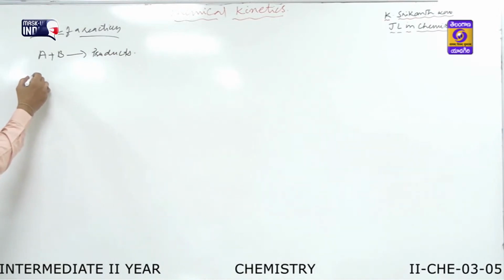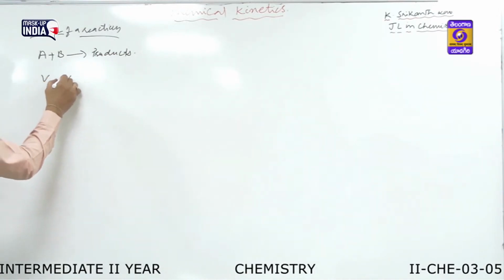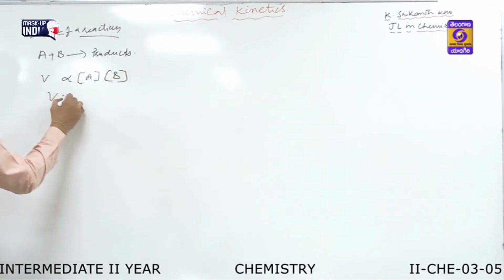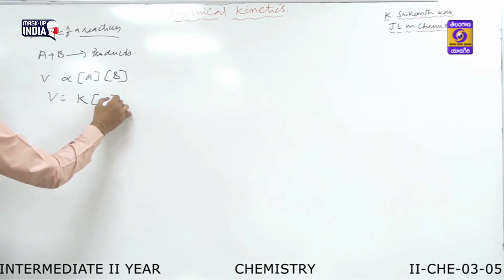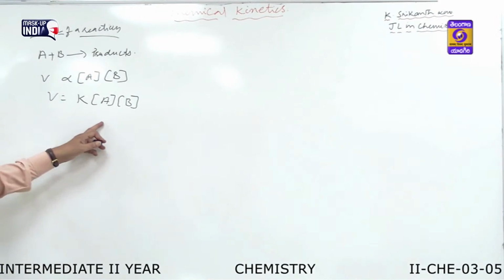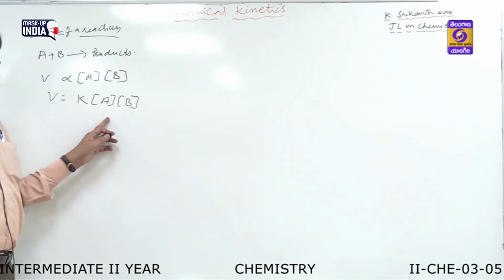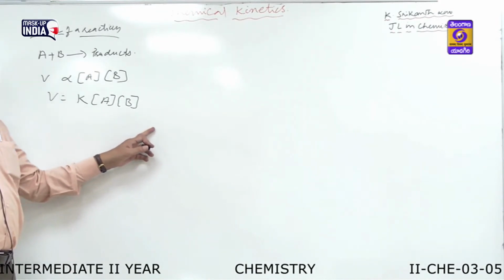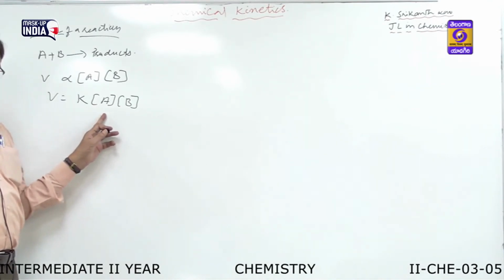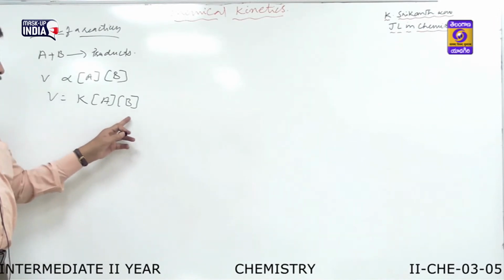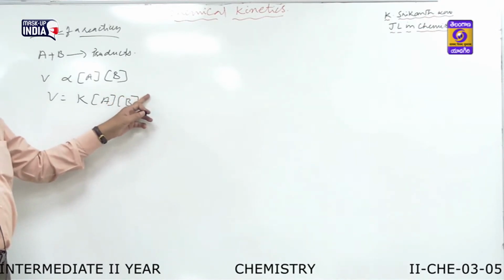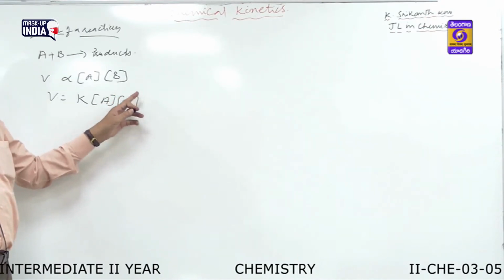The rate equation is V is proportional to concentration of A and concentration of B. That is V equal to K into concentration of A and concentration of B. దీన్ని మనం రేట్ ఈక్వేషన్ అని అంటాము, రేట్ సమీకరణం అని అంటాం. ఈ రేట్ సమీకరణంలో క్రియాజనకాల యొక్క గాఢతల వ్యక్తం చేసే పదాల యొక్క ఘాతాంకాలను మనము యాడ్ చేస్తే ఘాతాంకాల మొత్తాన్ని మనం ఆర్డర్ ఆఫ్ ది రియాక్షన్ అంటారు.